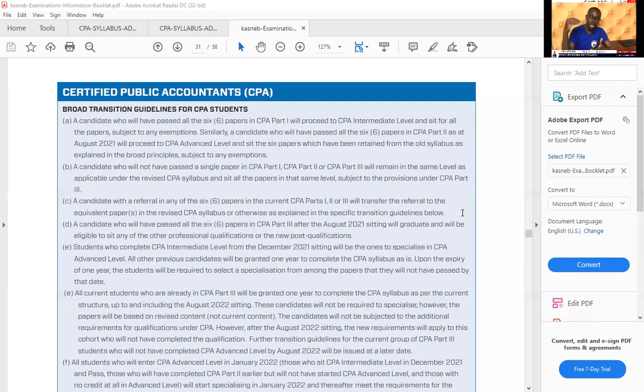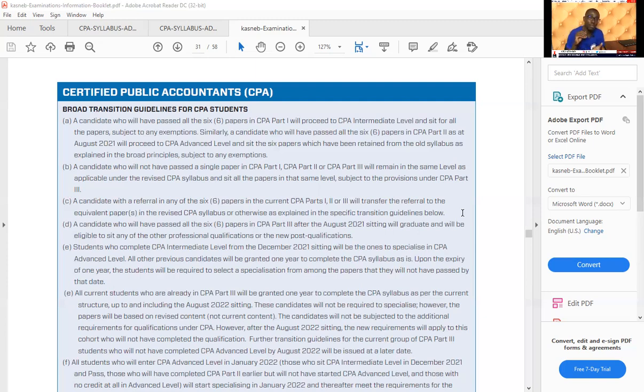So here we are saying, assuming you failed financial reporting, right? If you had failed financial reporting, it means that you are going to redo the same paper, but with the new syllabus content, which in this case you're terming as what? As financial reporting and analysis. Financial reporting and analysis. So that again should stick at the back of our mind.